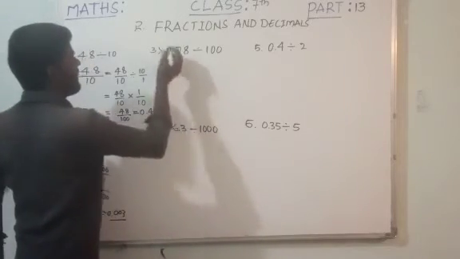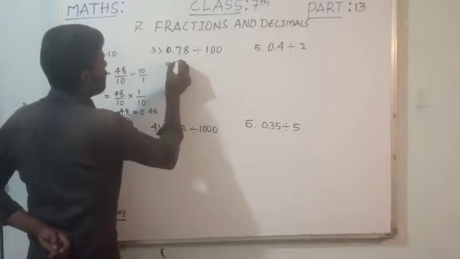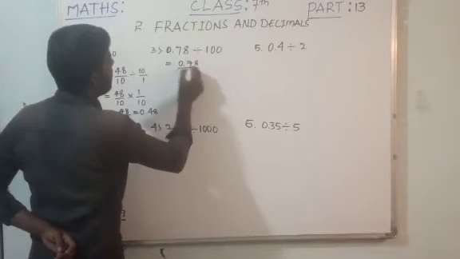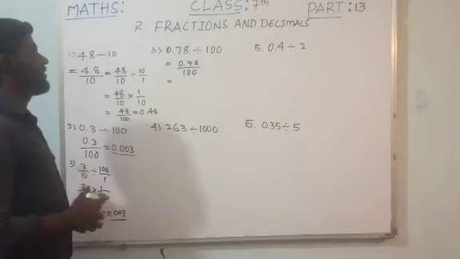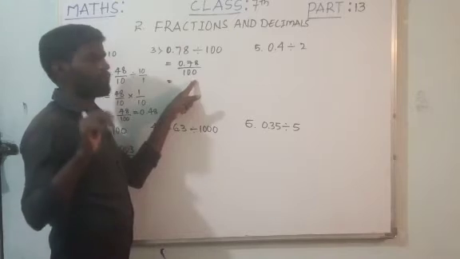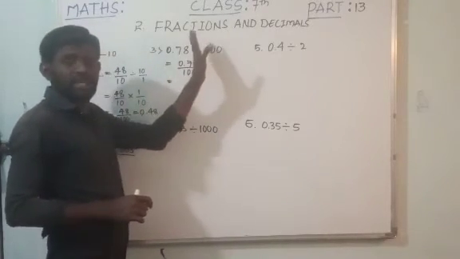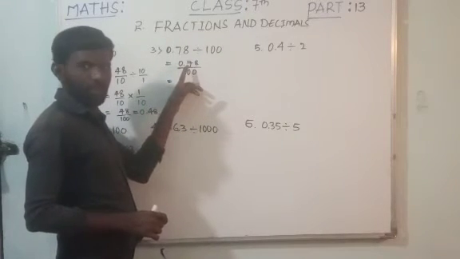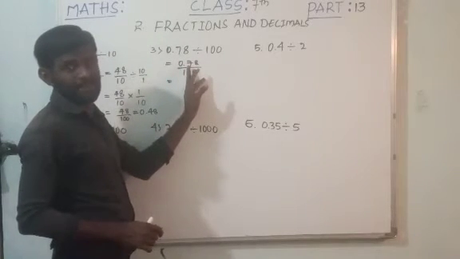Example 3, directly I will move to this one. Here 0.78 divided by 100. Then what can I do, dears? In the denominator how many zeros? 2 zeros, 1 2. You don't consider the digits after the decimal point.